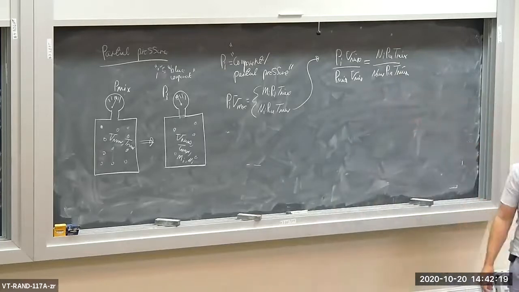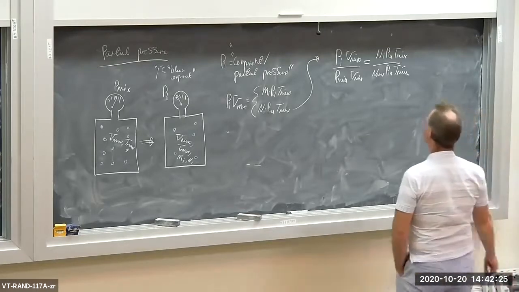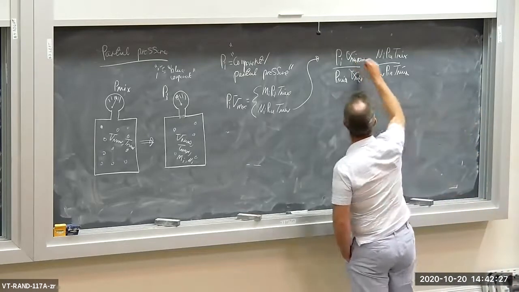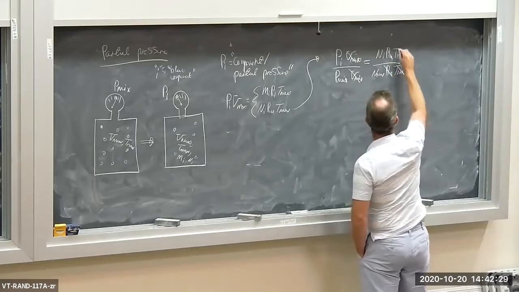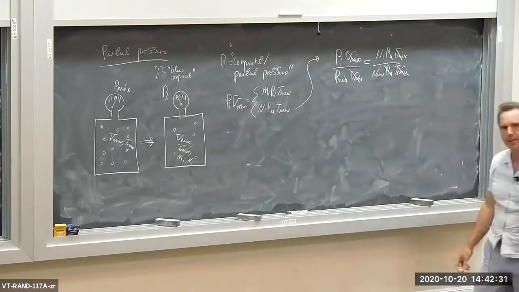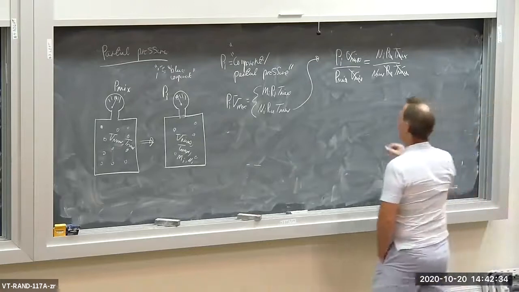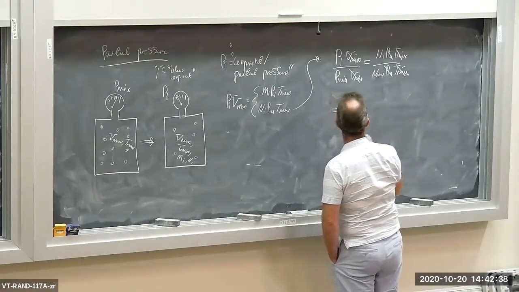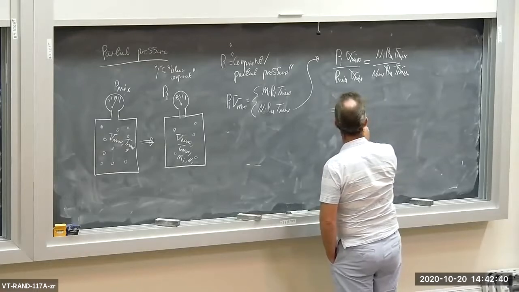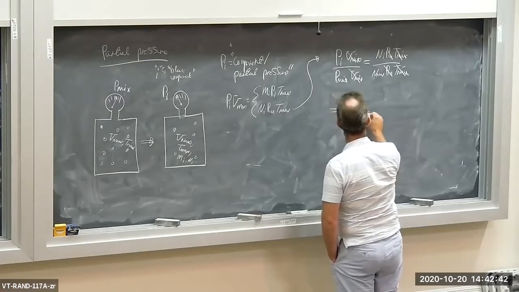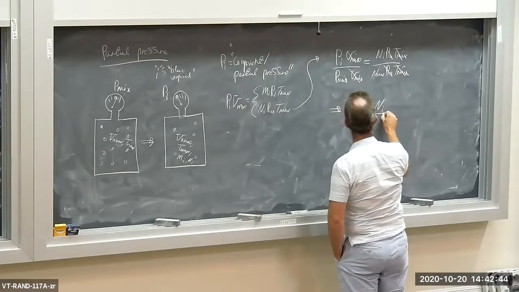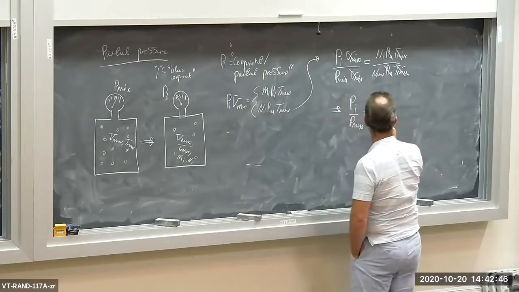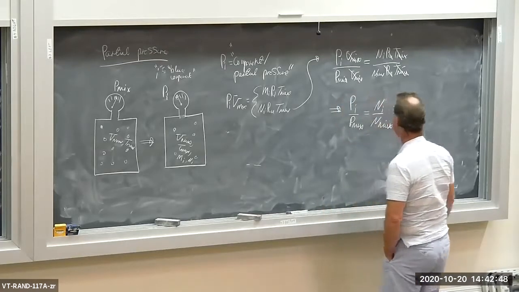Let's just divide the ideal gas law for the component by the ideal gas law for the mixture. Notice that the V mixes cancel out, the R_u's and the T mixes cancel out, and I get the partial pressure of component i divided by the mixture pressure is equal to the number of moles of component i divided by the number of moles in the mixture.